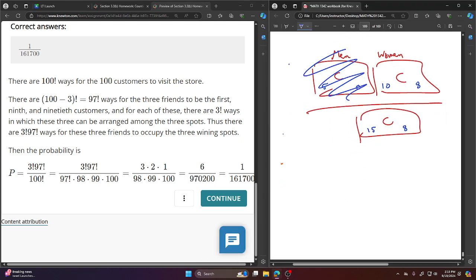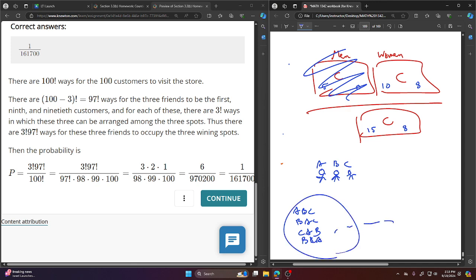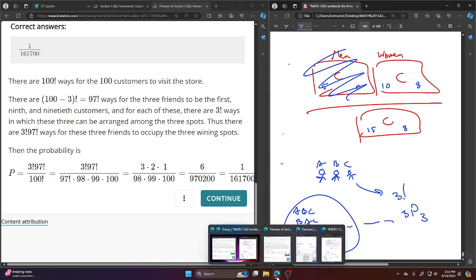Okay, so we already talked about this. We got A, B, and C. So we can have A, B, C being the first, 9th, and 90th, or B, A, C, or C, A, B, or whatever it is. You know what I mean, right? The way to do this, though, these 3 is 3 factorial, or 3P3. So that's what they're saying.